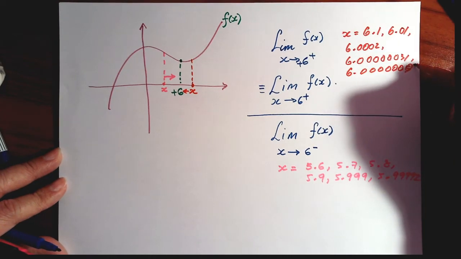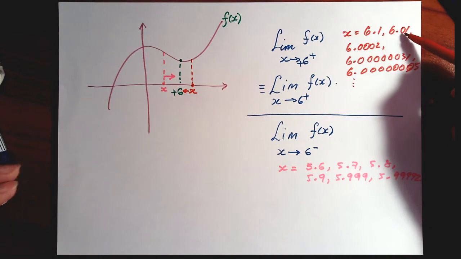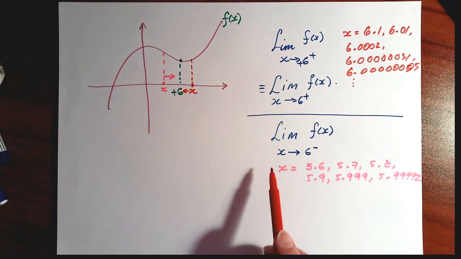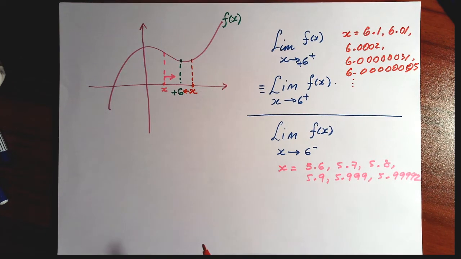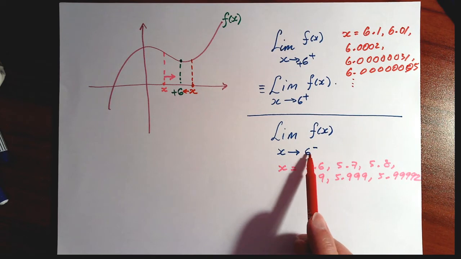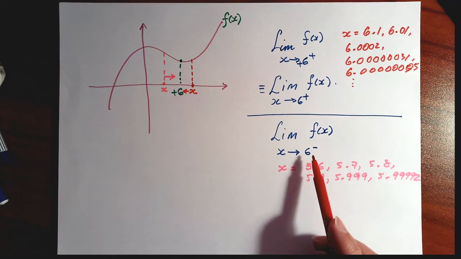So it keeps on going and approaches 6, but from a larger value. Here, x approaches 6 minus means x approaches 6 from a smaller value. 5.6 is smaller than 6. 5.99992 is smaller than 6.